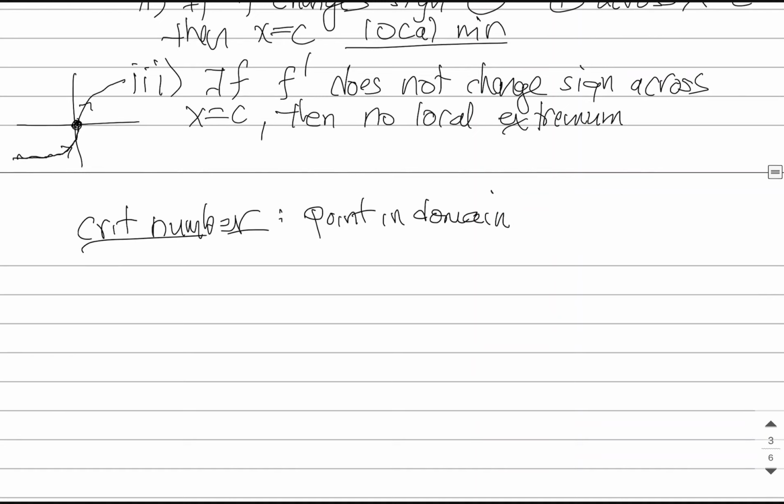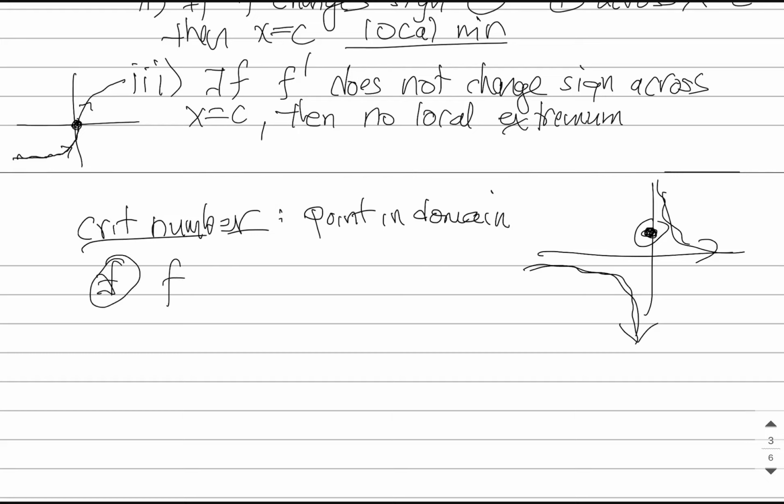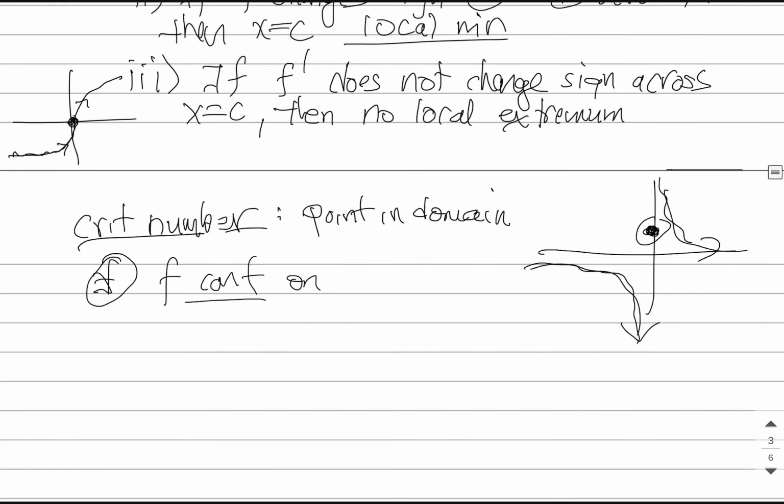Because we don't want bizarre things like this happening, where we've got these strange behaviors. We want functions that are continuous at points like this. Here we would say that, oh, the function is decreasing and then decreasing again. We don't want any strange things happening like this. When you put all of this together, you'll have a very reliable way. So again, it's important that the function is continuous on this interval.